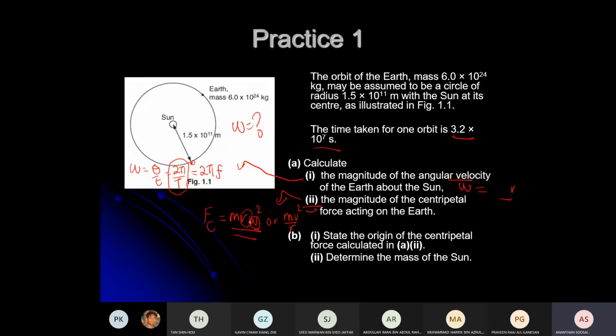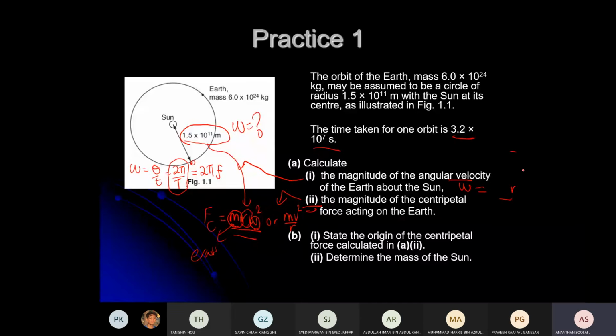What r do you use? It is 1.5 times 10 to the power of 11. r you know. What mass do you use? The magnitude of the centripetal force acting on the Earth, so this should be the mass of the Earth. You get the centripetal force acting on the Earth. So m r omega squared is to be used.